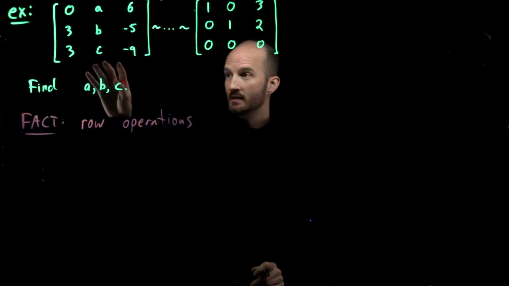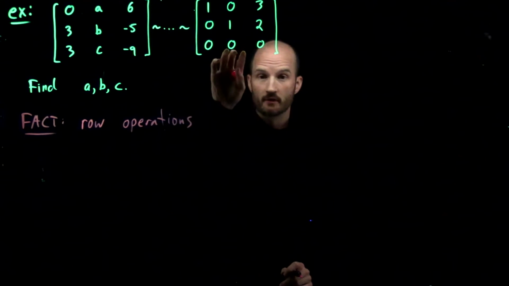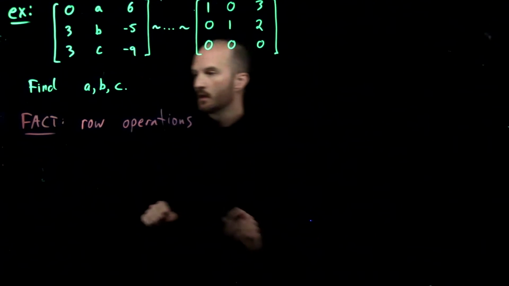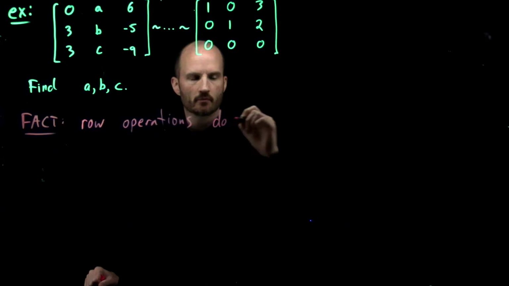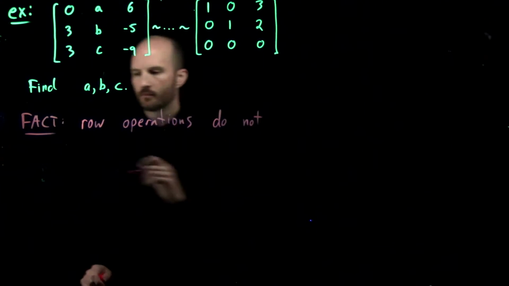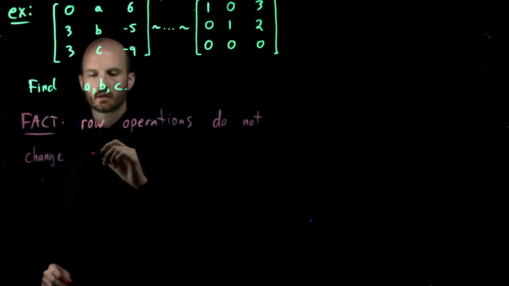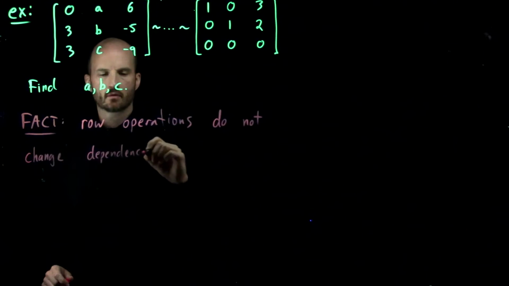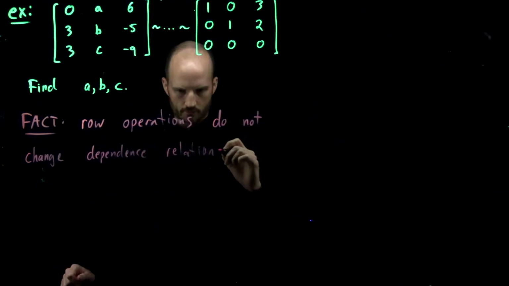What I'm saying is that this matrix, when I do some elementary row operations, I can arrive here. Back to my fact. Fact: row operations do not change dependence relations between the columns.